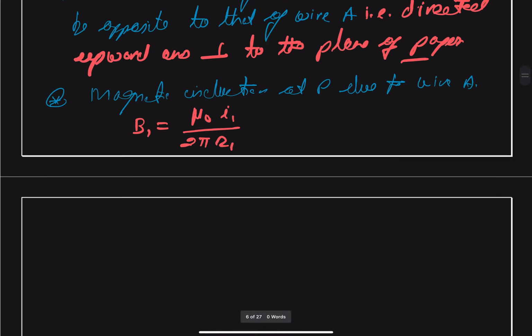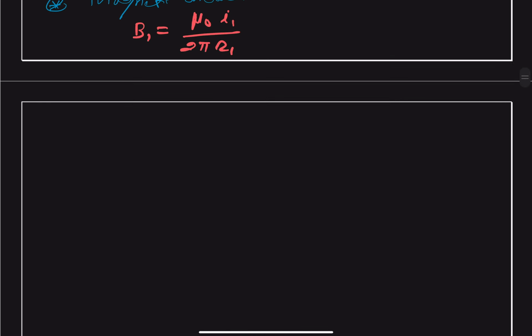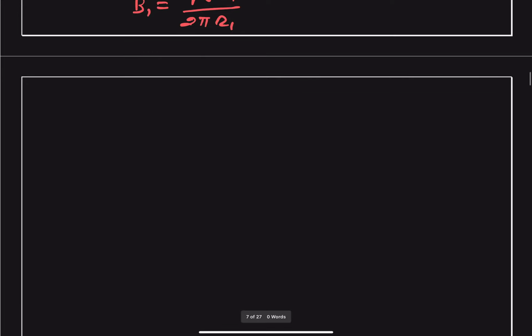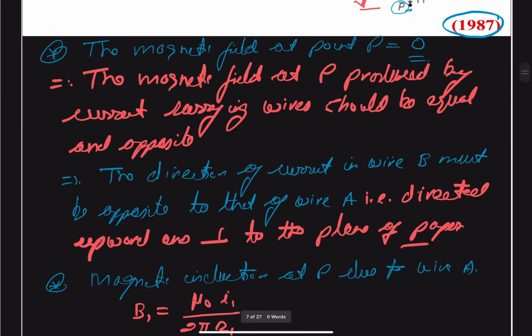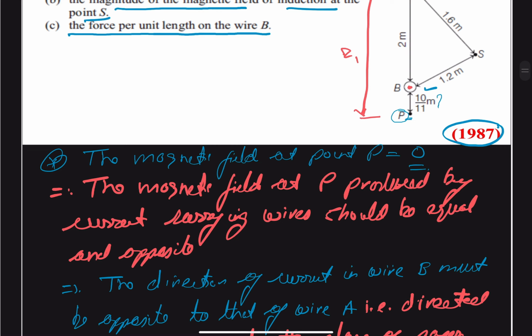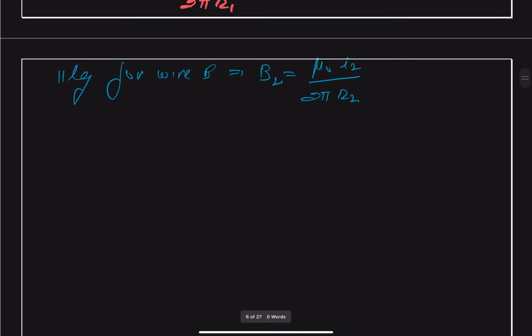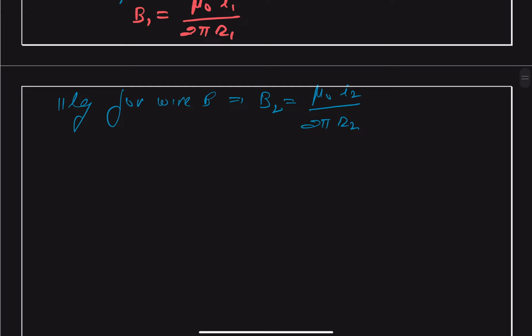And similarly, we can find for wire B. Let us call that B2, and that will equal mu naught I2 divided by 2 pi R2. And here B is carrying a current of I2, and this distance is R2. And net magnetic field at point P is 0.